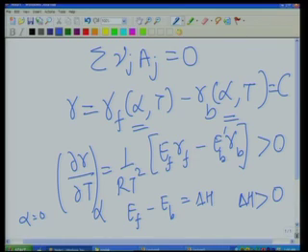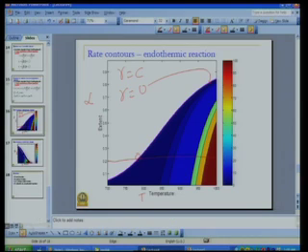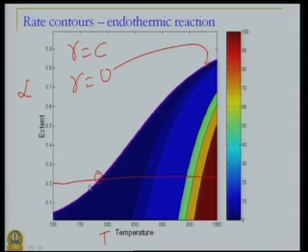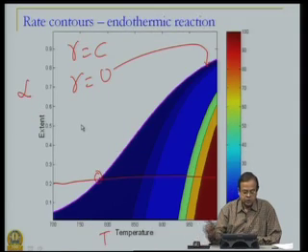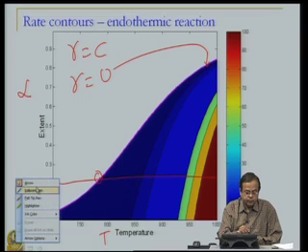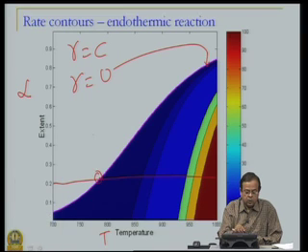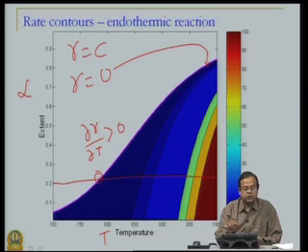In other words, for a given value of alpha, for an endothermic reaction, del R del T is greater than 0.